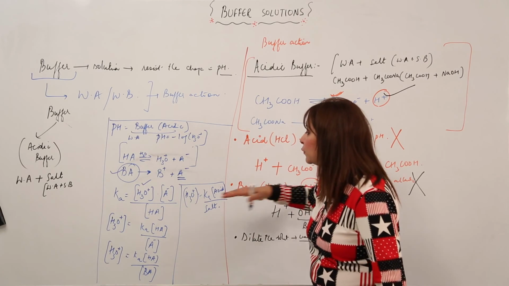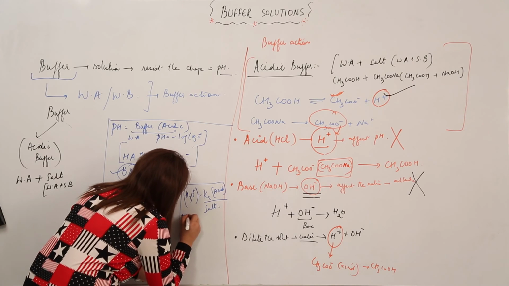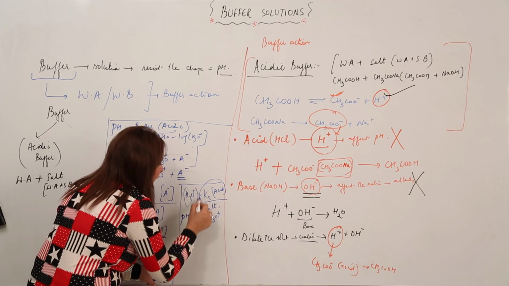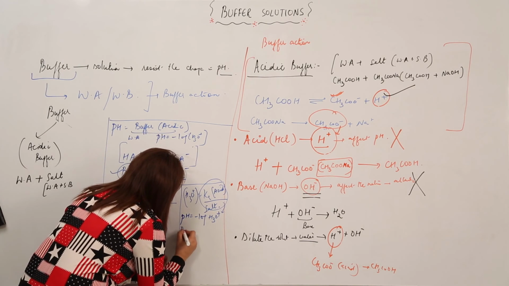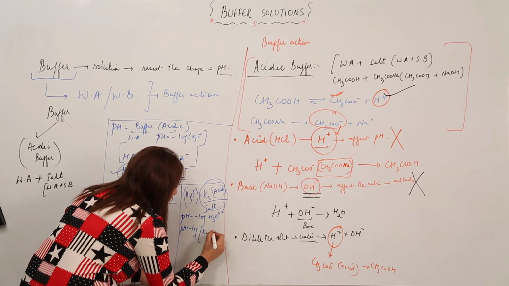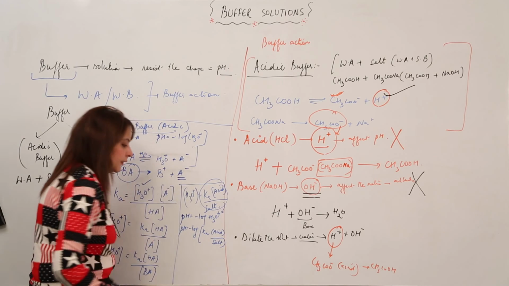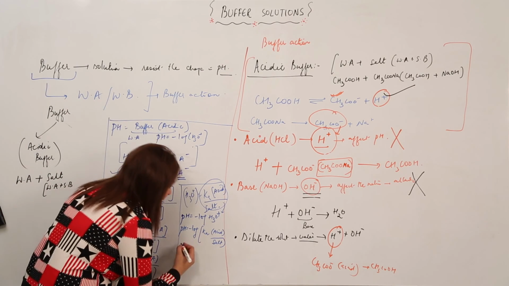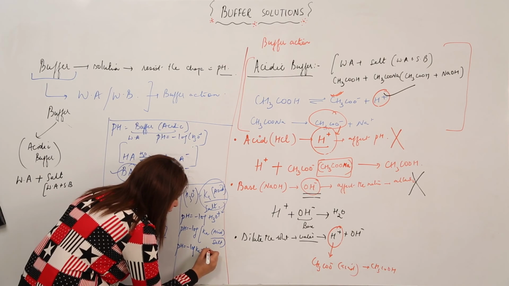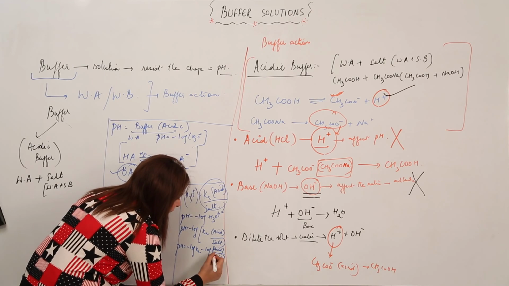Now I am just putting this value into the pH expression. So we know pH is equal to minus log hydronium ion concentration. So I am putting this value of hydronium ion concentration here. So what do I get? pH is equal to minus log Ka times acid upon salt, right? I can write it in a different manner also, where pH is equal to minus log Ka minus log concentration of acid to concentration of salt.